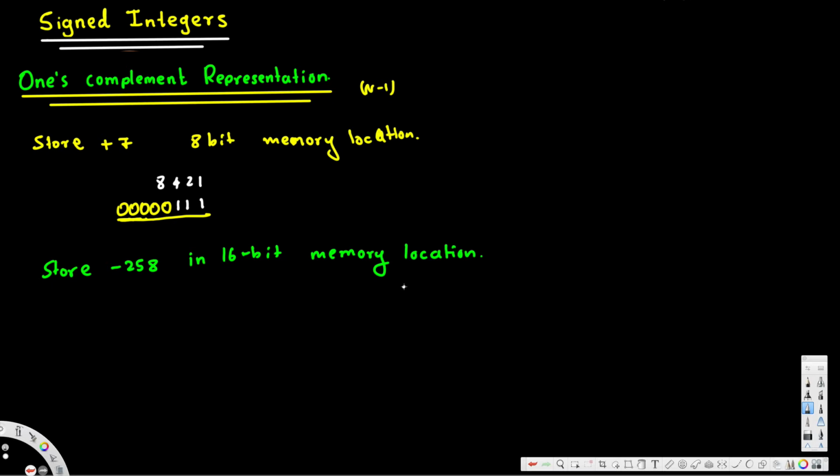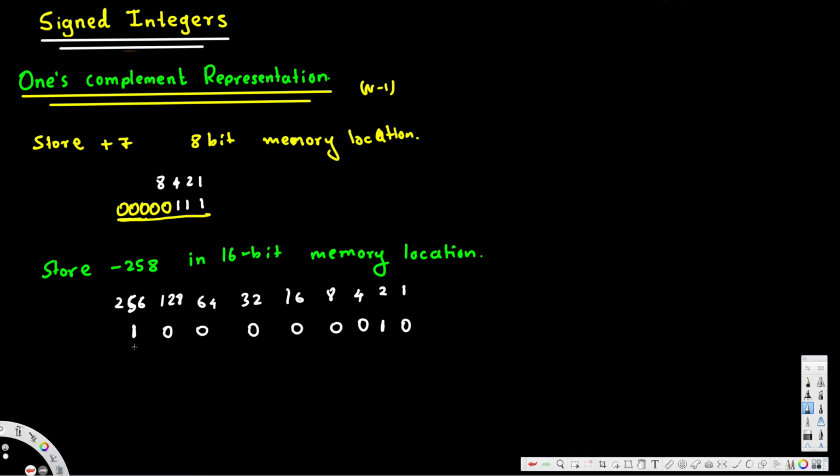We know that binary places go like 1, 2, 4, 8, 16, 32, 64, 128 and 256. In order to get 258, we have a 256 and a 2. Others are going to be just 0.